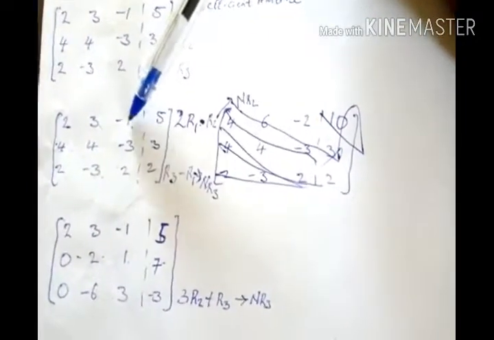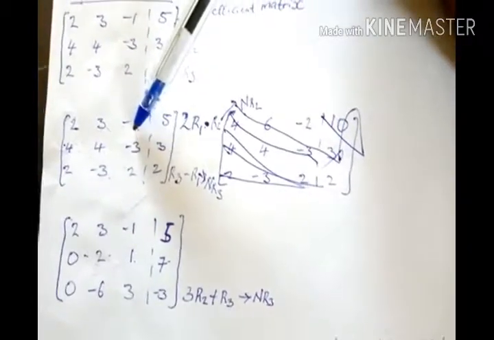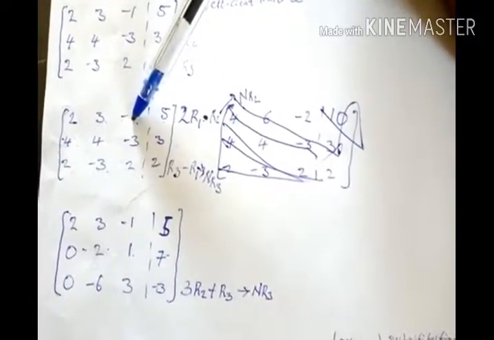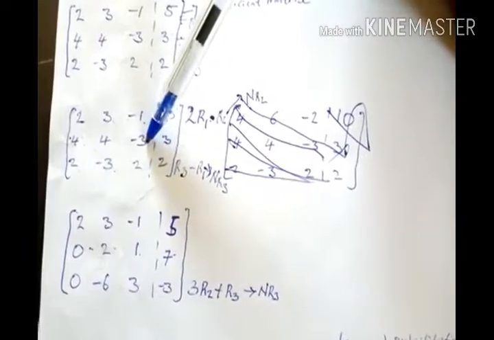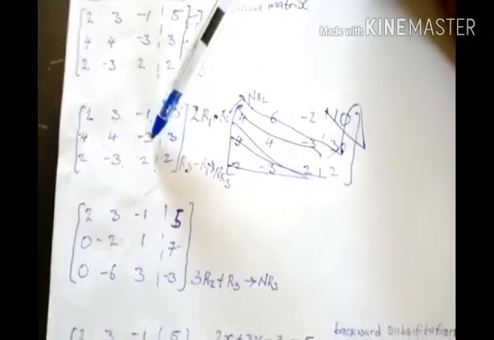If I multiply 2 with this minus 1, I have minus 2, and then I subtract row 3. So minus 1 minus minus 3, the negative will become positive. That's why I got 1.